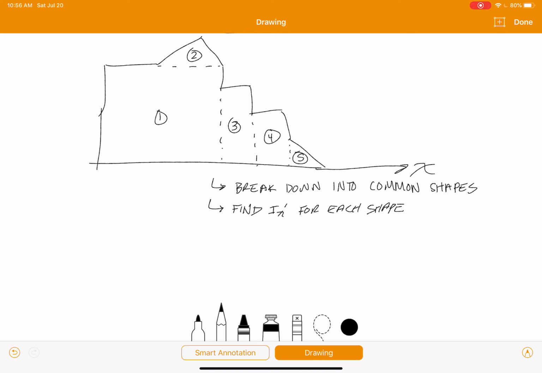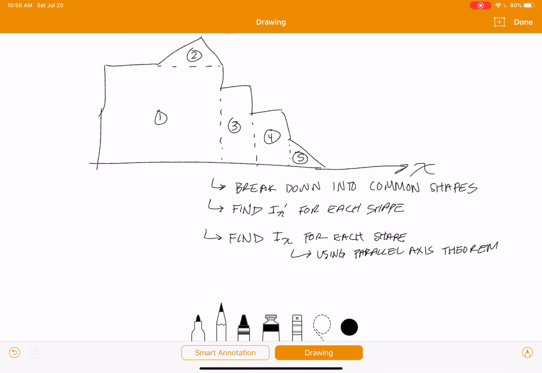And then once you have all your Ix primes, you can go ahead and find Ix for each shape. And you're going to do that by using the parallel axis theorem, which was shown above.